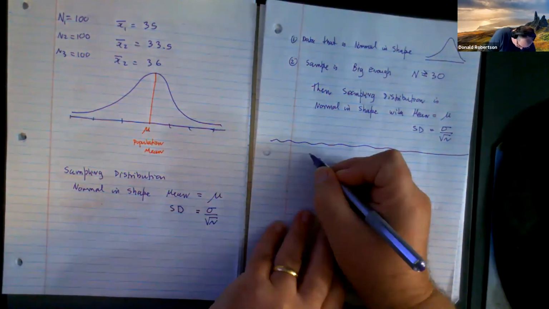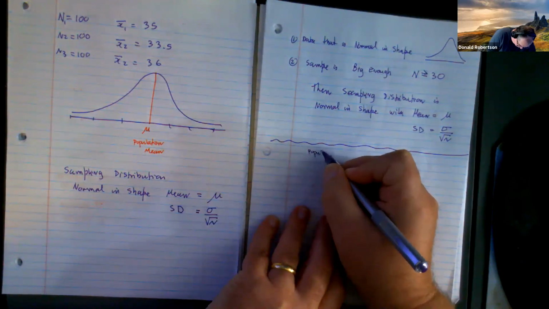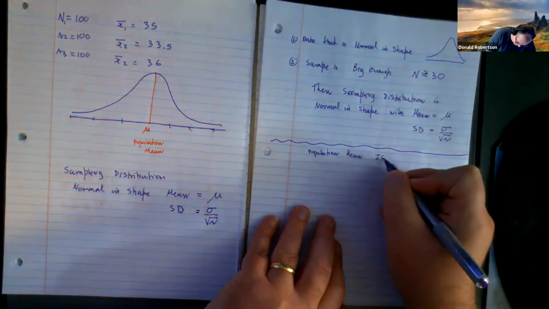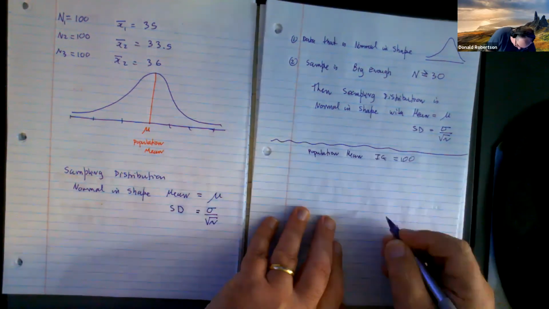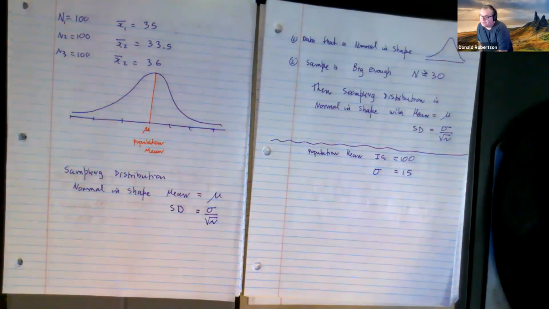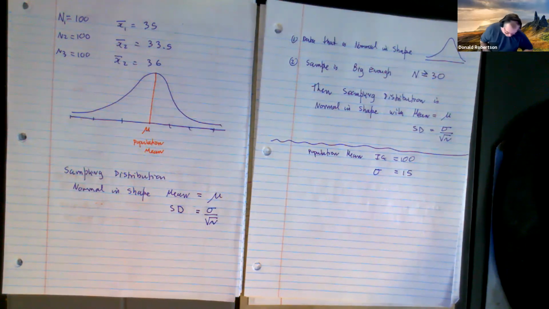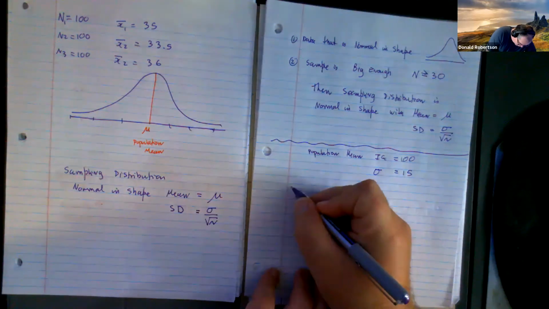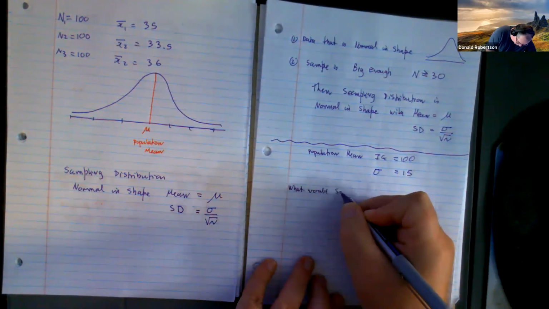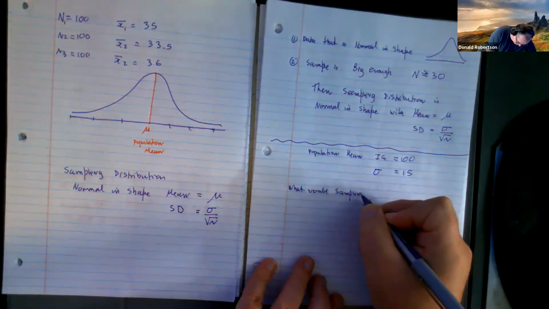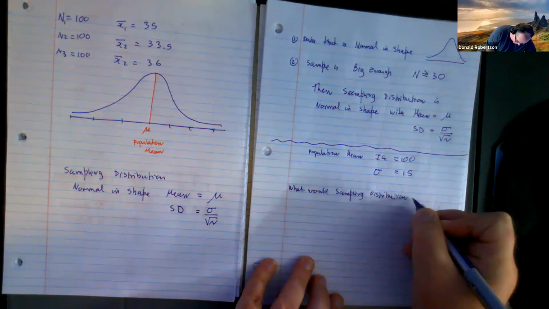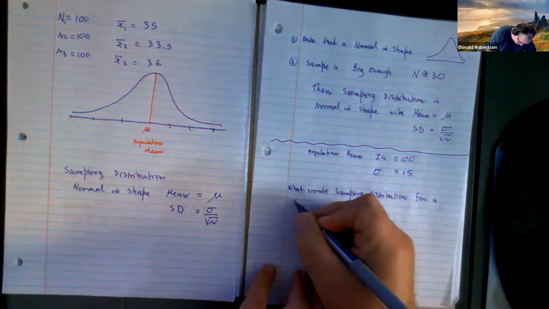So let's give you an example. Suppose we know that the population mean for IQs is 100, and that the standard deviation for IQs is 15. Because actually we've used that before, right? Suppose we know that. So what would the sampling distribution for a sample of 50 look like?